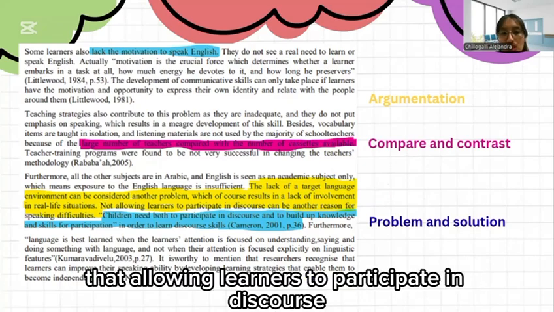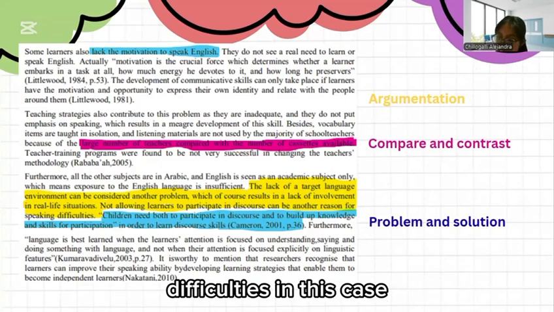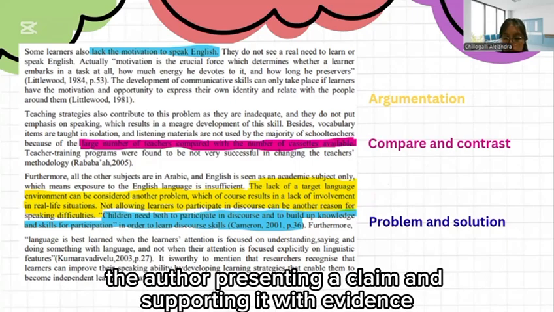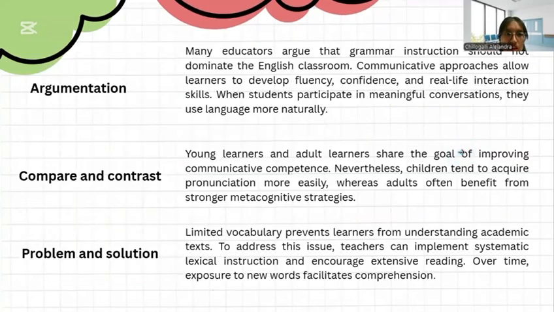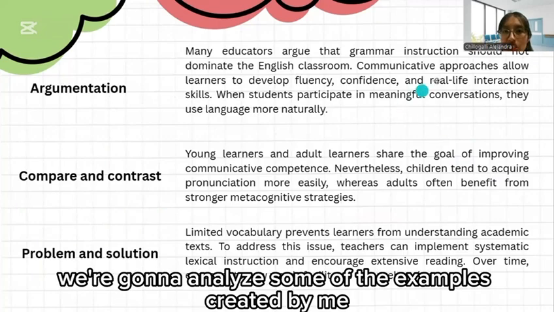That allowing learners to participate in this course can be another reason for speaking difficulties. In this case, it is called argumentation because it's the author presenting a claim and supporting it with evidence plus reason.